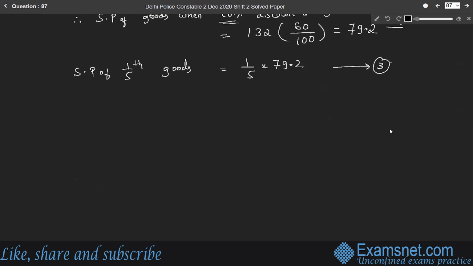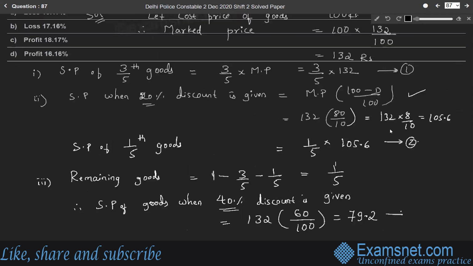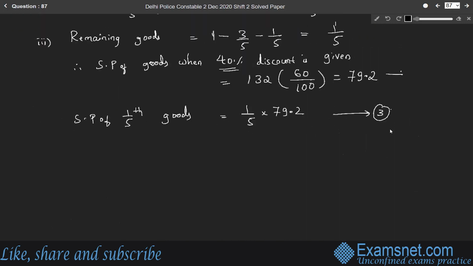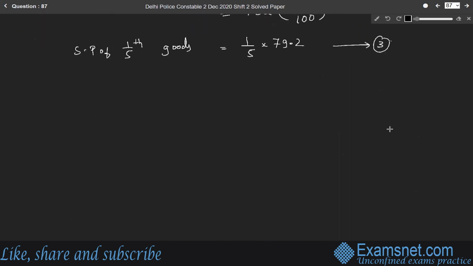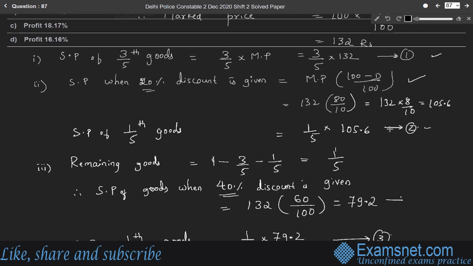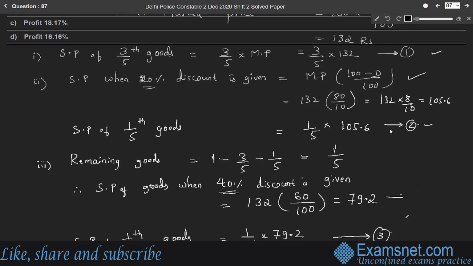Understood? Now, what is asked in the question? Profit or loss percentage. For this, we need the total selling price of goods. Let us add equations 1, 2, 3.